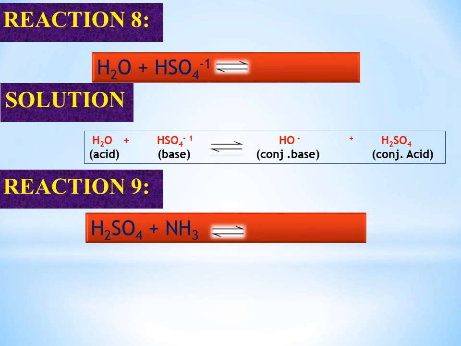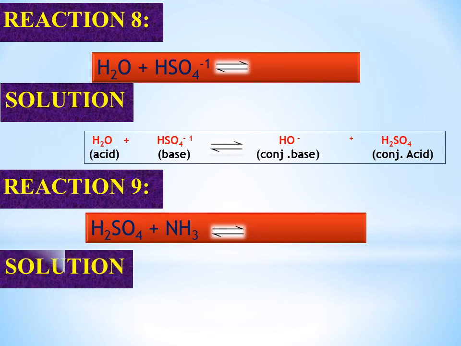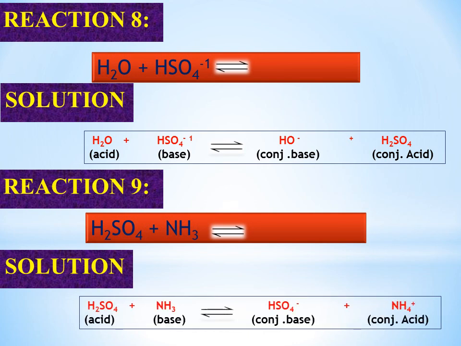When we treat sulfuric acid and ammonia, what will be their conjugate acid and bases? As you know, sulfuric acid is a strong acid and ammonia is a strong base. When we treat both of these, what will be the conjugate acid and bases? Here ammonia has a lone pair of electrons.